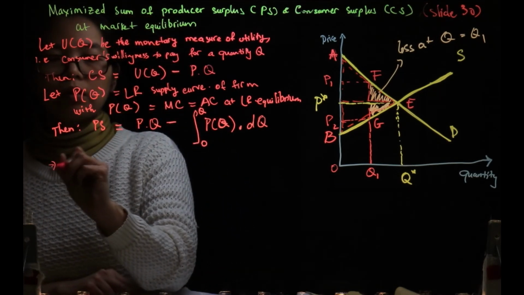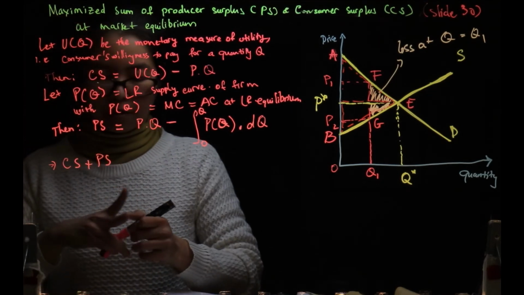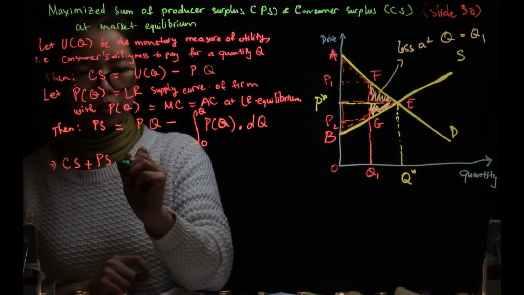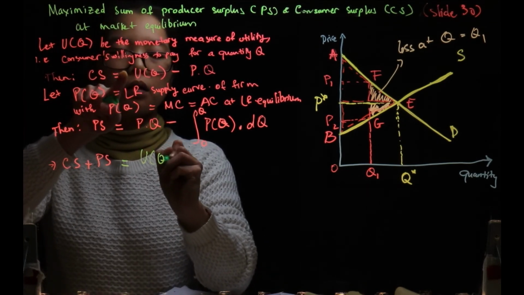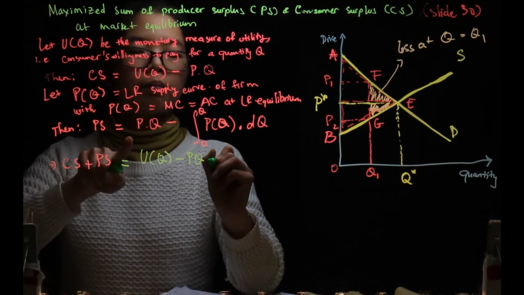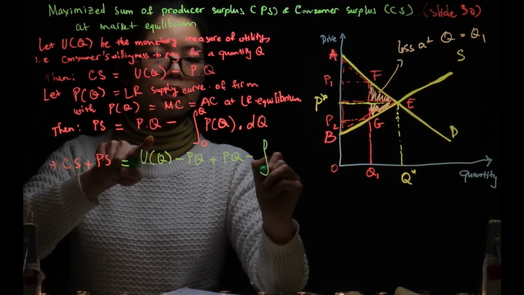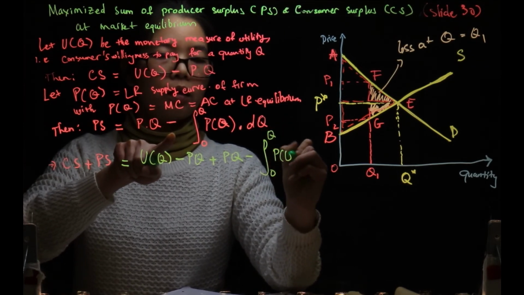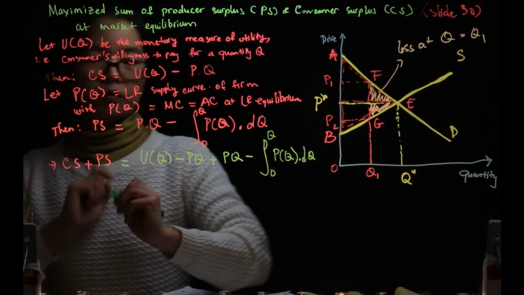Then CS plus PS, the sum of the two surpluses, is U, the utility, minus PQ plus PQ minus this integral from 0 to Q of the marginal cost curve with respect to Q.